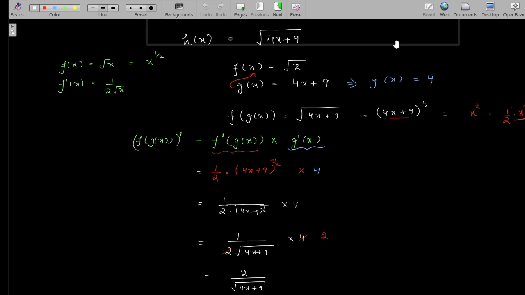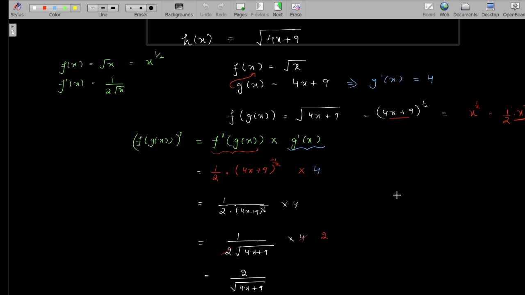Just to be clear, in the algebra part, the reason we move the 4x plus 9 to the power of negative 1/2 down is because the exponent is negative, so it becomes the denominator in order to be positive, right?